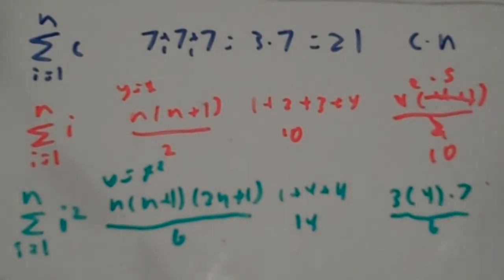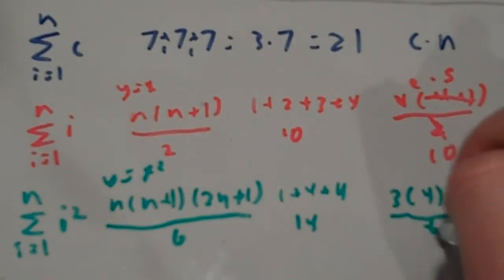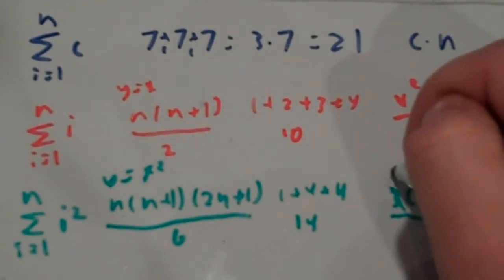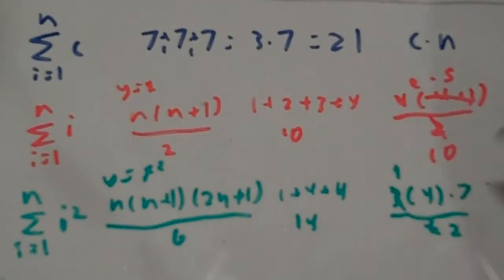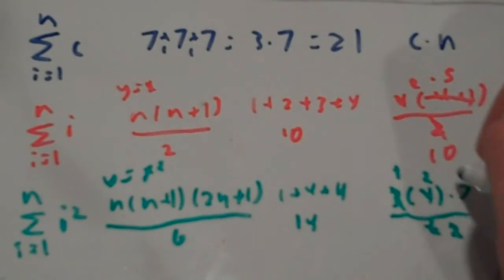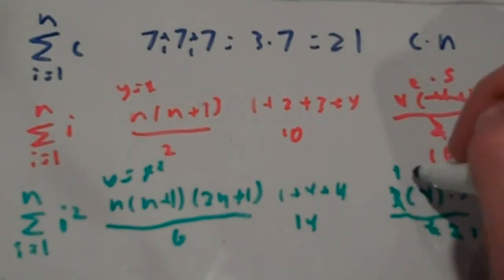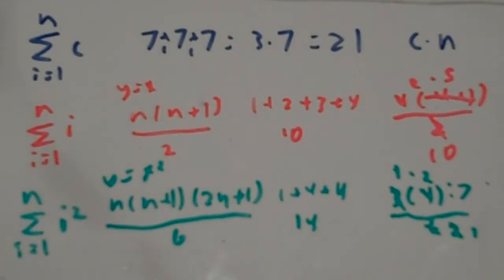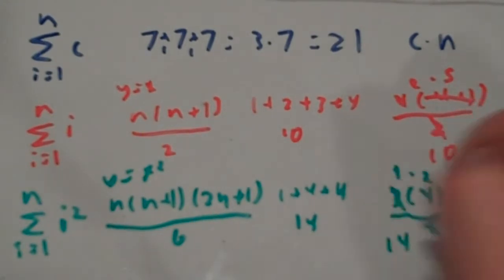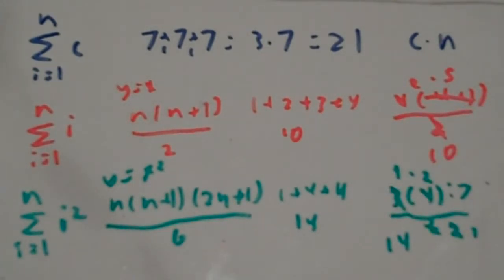Just to save ourselves some room, because as you can see, we're running out a little bit. This 3 and 6 cancel to give us a 1 on top and a 2 on bottom. And then that resulting 2 cancels with the 4 to give us just the 2 on top and the 1 on bottom, which is 1 times 2 times 7, which is just 14. So as you can see, that summation formula works as well.